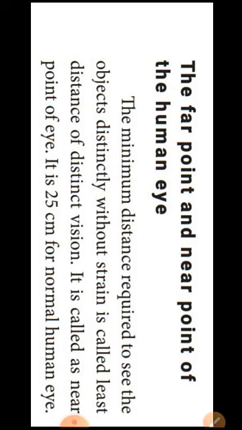Within that minimum distance we can see the object clearly, and that is called the near point of the eye. So what is the near point value? Yes, the answer is 25 centimeter.